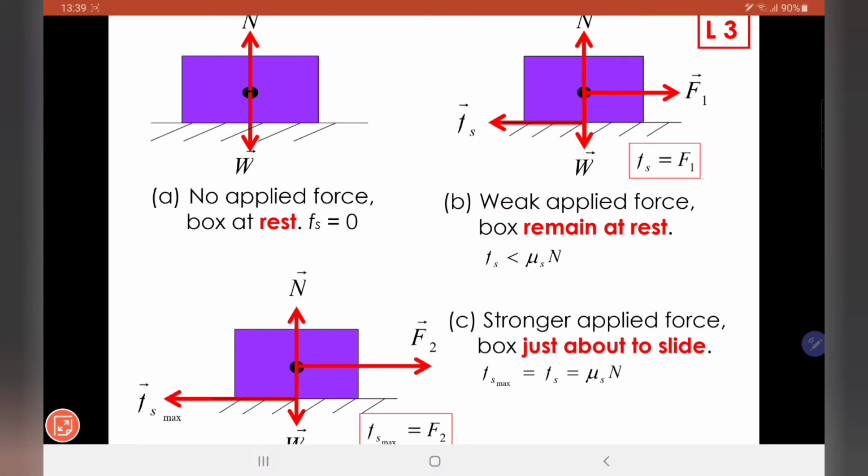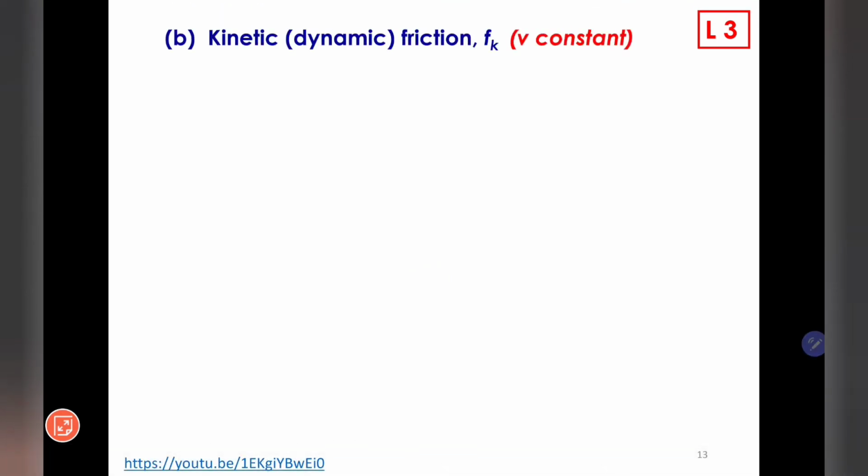Next, the second type of frictional force, which we name kinetic frictional force or dynamic friction, and the symbol is Fk. Before this, we discussed static objects, but now we are discussing moving objects. For any static object, the friction exerted on it is called static frictional force, and the symbol is Fs.